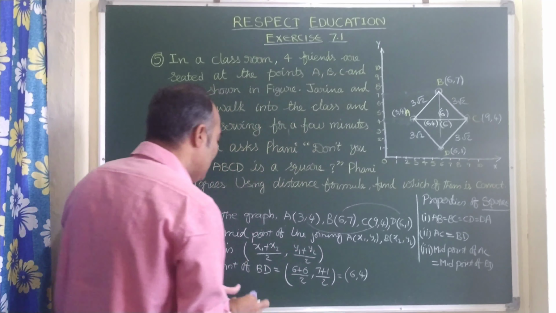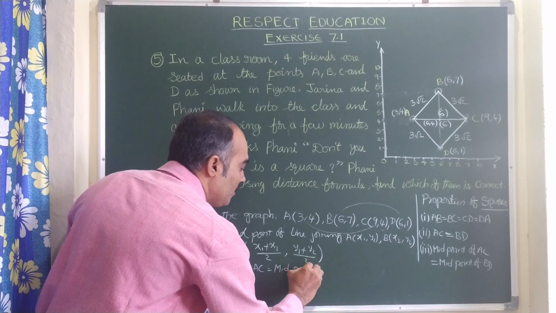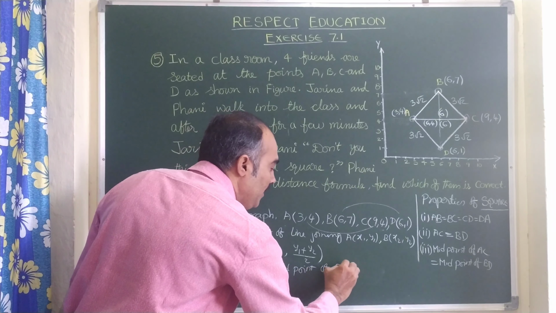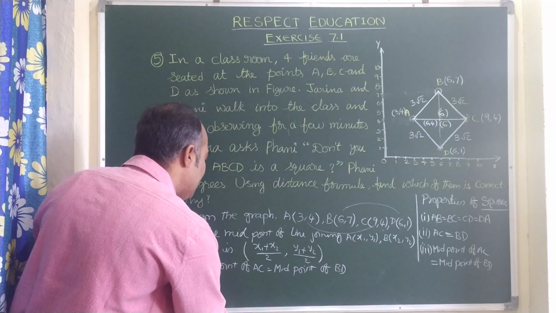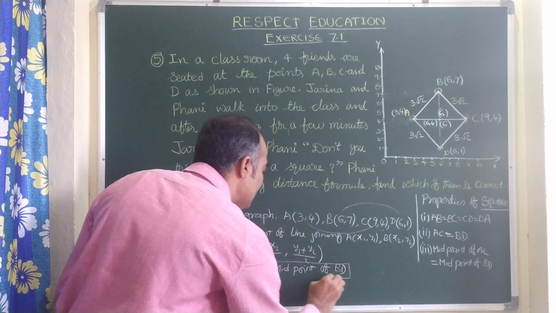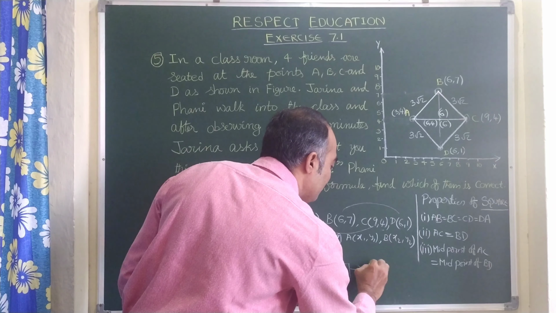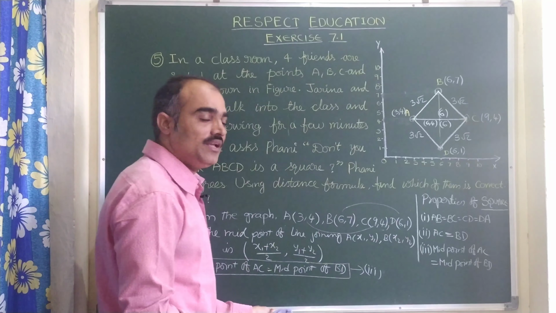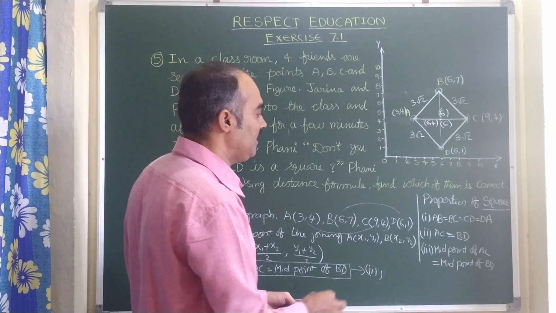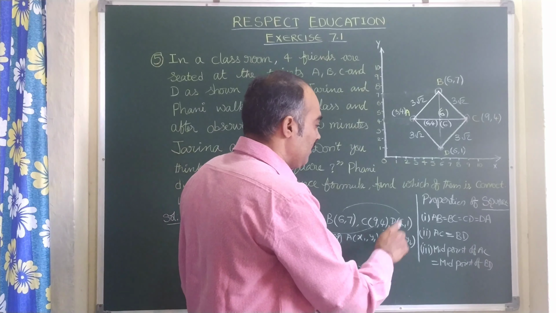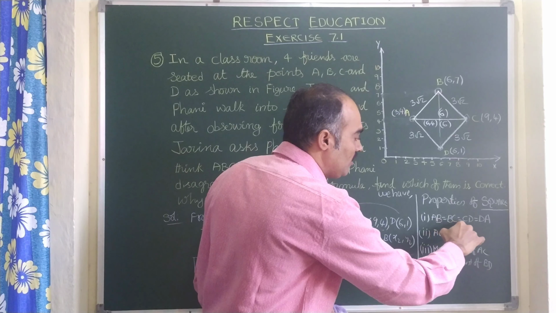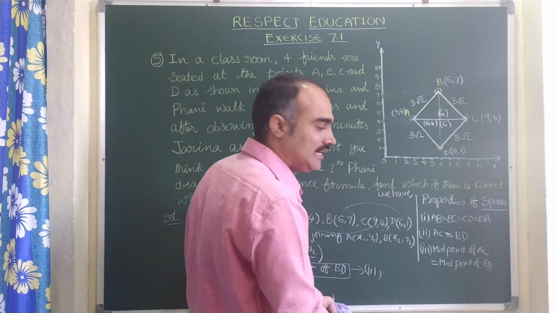That means the midpoint of AC equals the midpoint of BD. Let us take this condition as the third one. So we can conclude that first, AB equal to BC equal to CD equal to DA, that is satisfied.